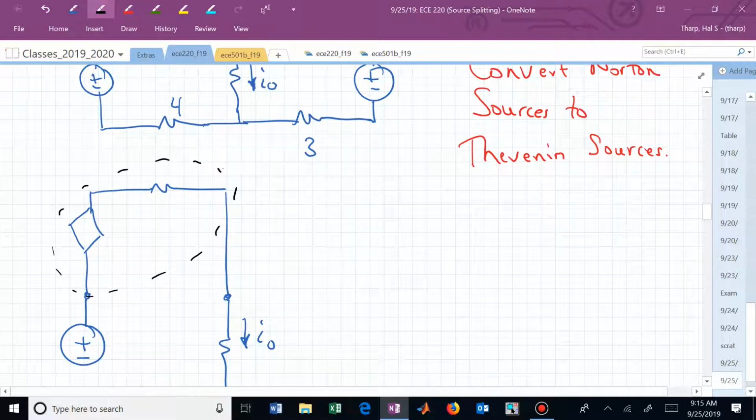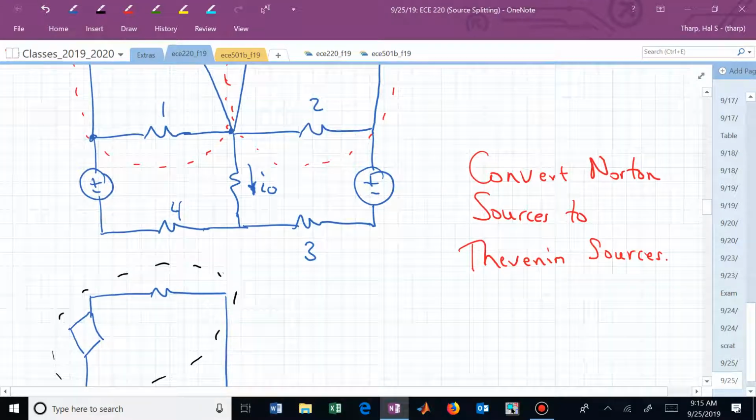That's what I've done. What's the resistor value going to be?